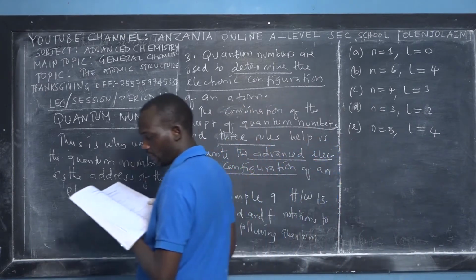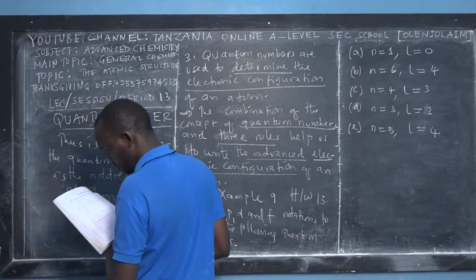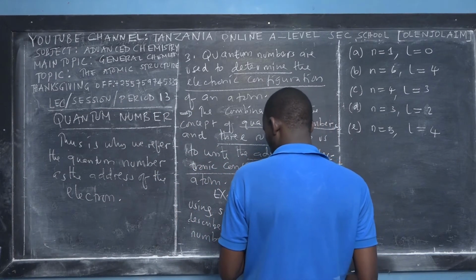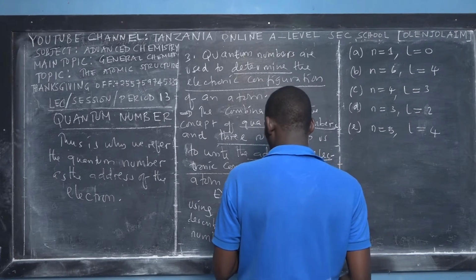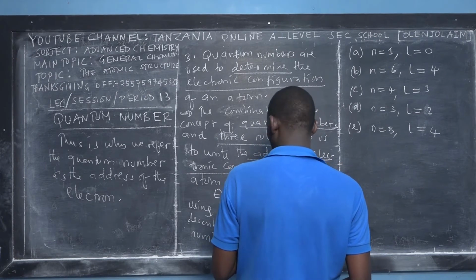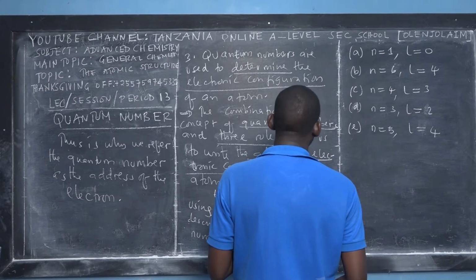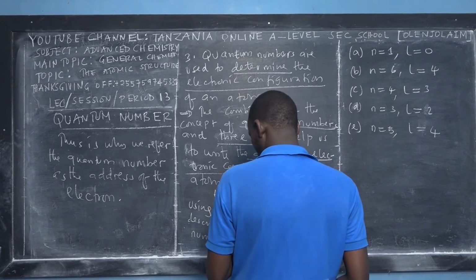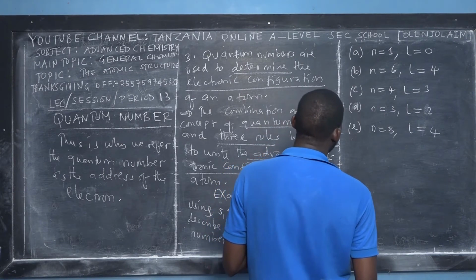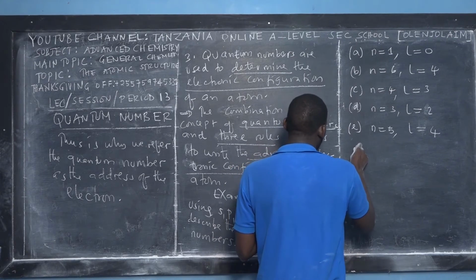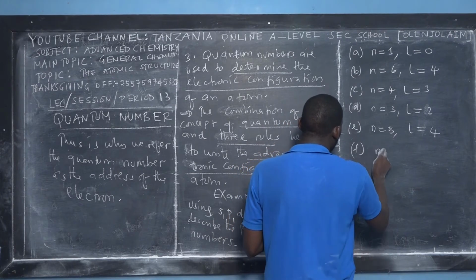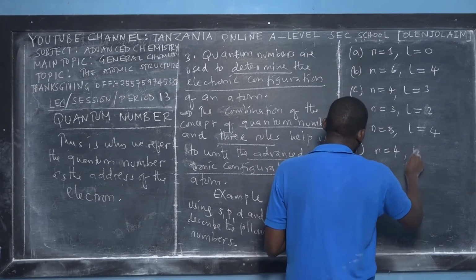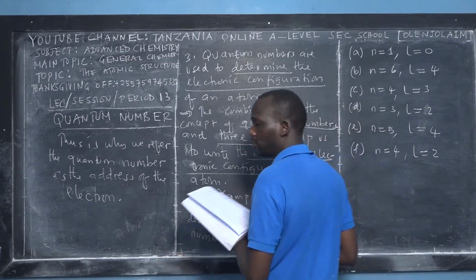Okay, so you have 5 questions, there's 6 questions. So we have again the other one, n is equal to 3, l is equal to 2, n is equal to 4, l is equal to 3, n is equal to 5, l is equal to 4, n is equal to 4, l is equal to 2. A, B, C, D, E, F. That's the question we have.